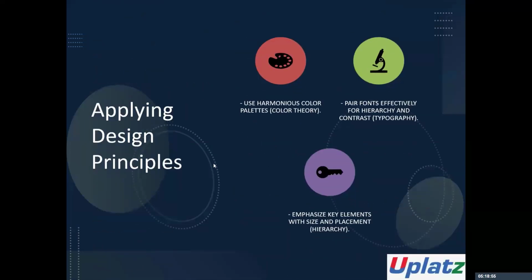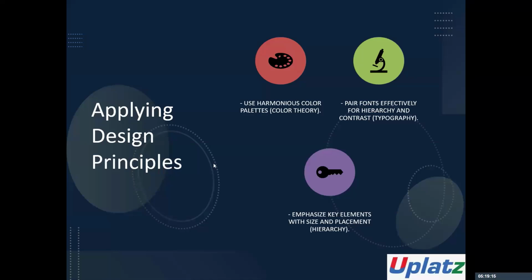We can also apply the design principles which we have focused on and discussed in detail. The understanding in design principles is to use harmonious color palettes, which corresponds to color theory. We can pair fonts effectively for hierarchy and contrast, which corresponds to typography.